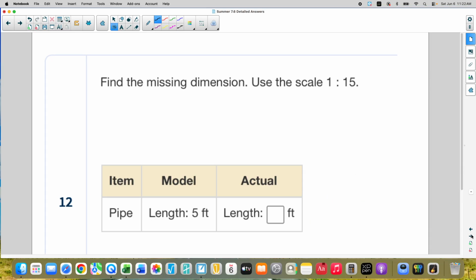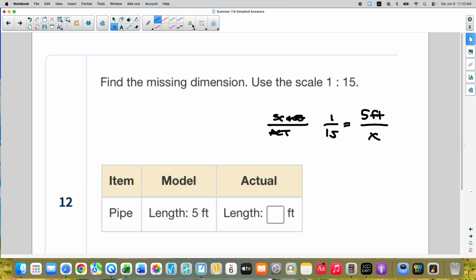Find the missing length using the scale. So model, actual, the model is 5, so we do the same thing as before. We have 1 over 15. This is the scaled value. This is the actual value. So our scaled value is 5 feet over x.